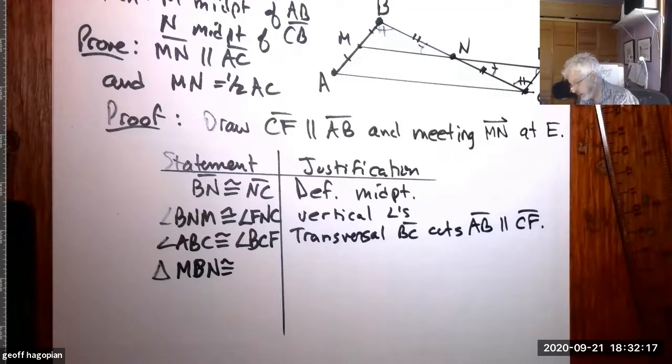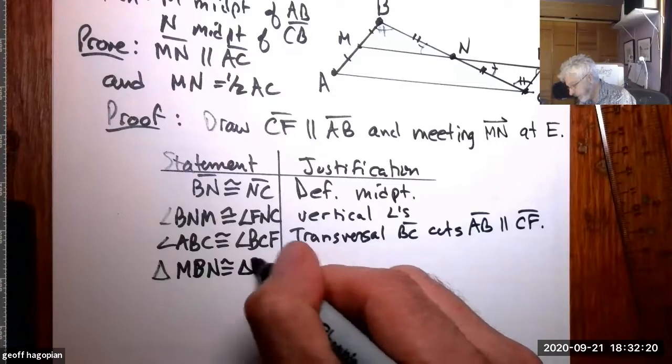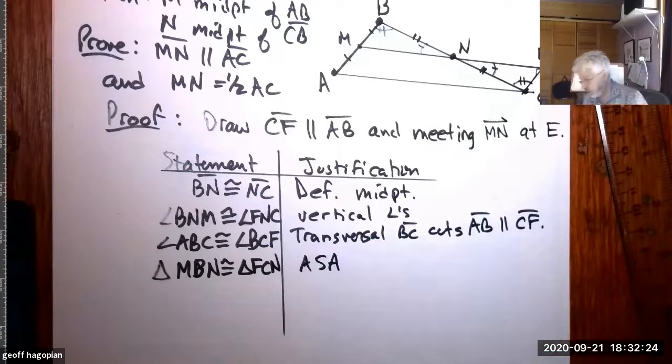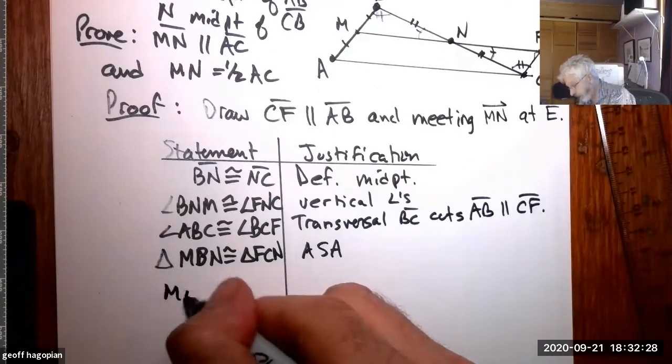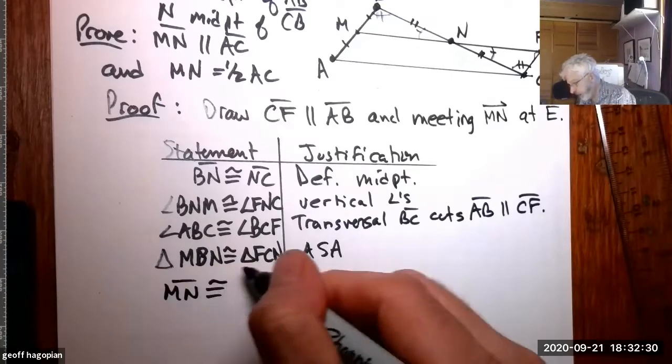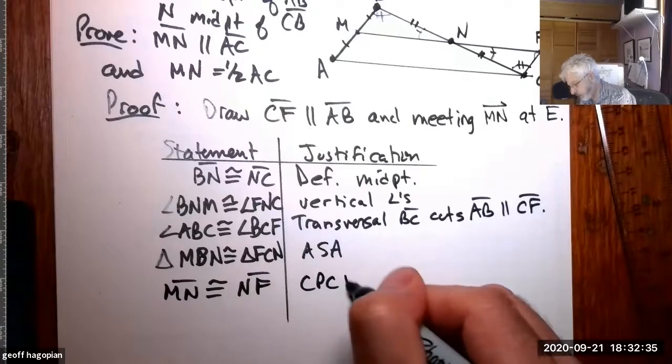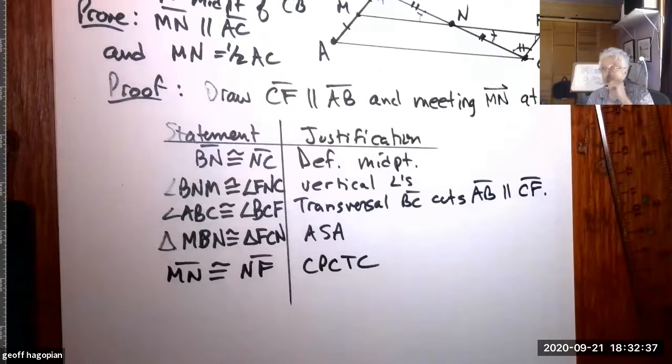Oh, sorry, FCN, right? And that's by angle side angle. So that gives us that MN is congruent to NF, right? Corresponding parts of congruent triangles are congruent, right?